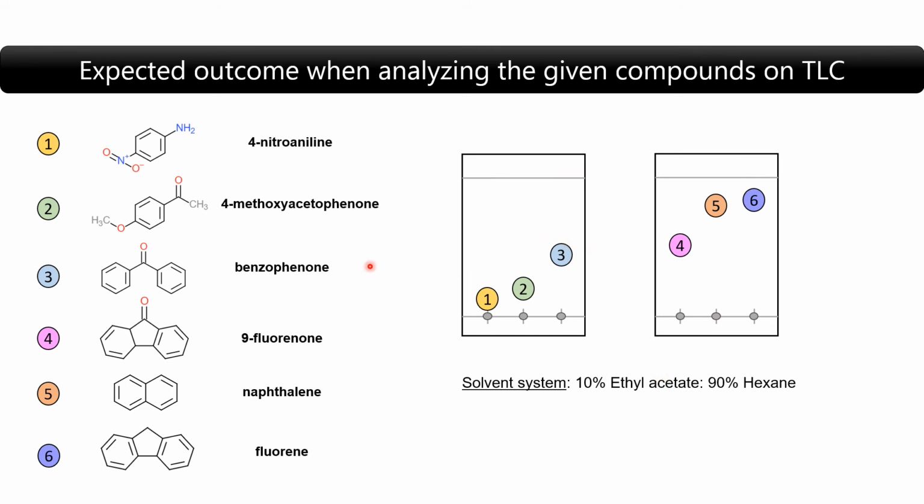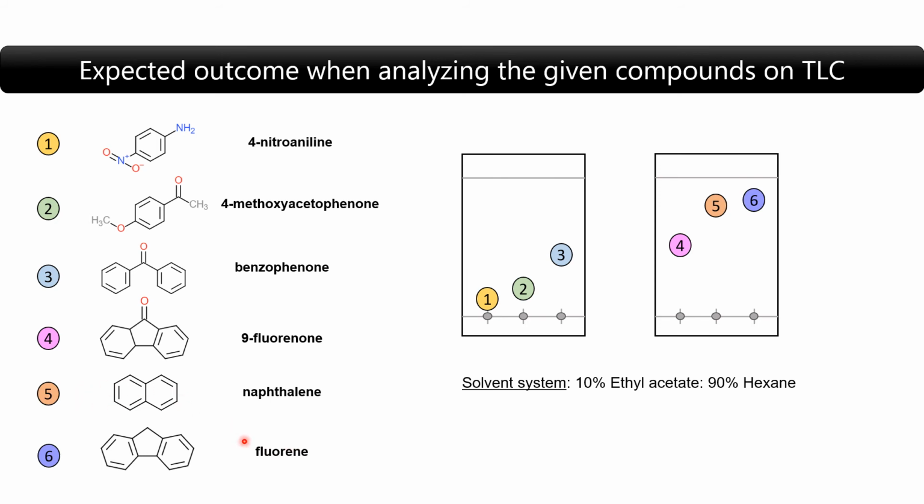And then you can see benzophenone and 9-fluorenone are able to move further along the plate because they displayed intermediate polarity, so they were able to partially interact with the TLC plate but also equally interact with the solvent system, so they were able to move halfway through the TLC plate.